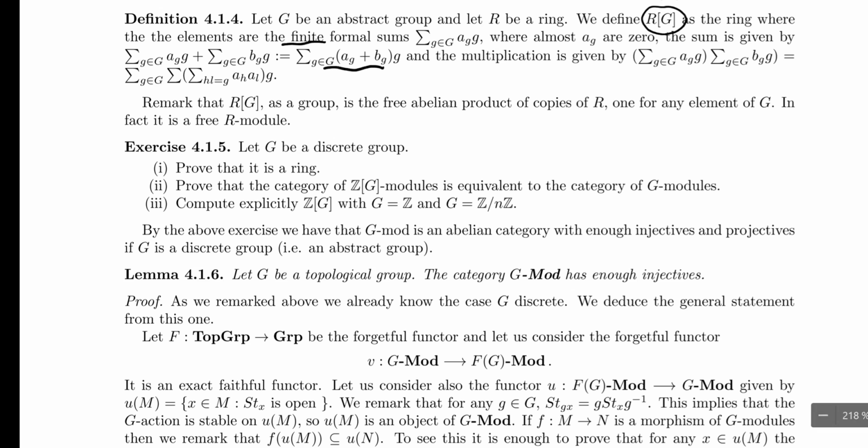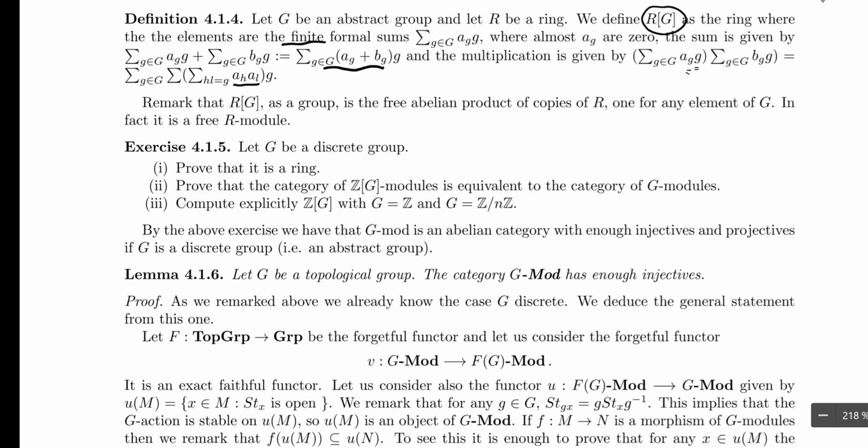The sum is given by adding the coefficients corresponding to the same element of G together, and the multiplication is by multiplying those coefficients, where the coefficient is indexed by the element.